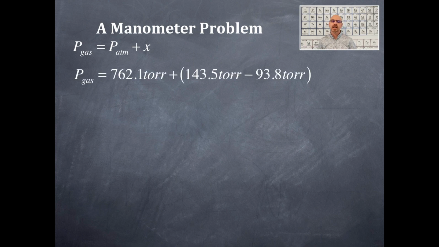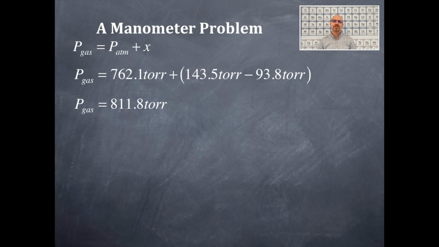So the atmospheric pressure was 762.1 torr, and the height on the right-hand side was 143.5 torr, and the height on the left-hand side of the U-tube was 93.8 torr. We're going to take the difference there, then we're going to sum those numbers up, and we're going to get 811.8 torr.